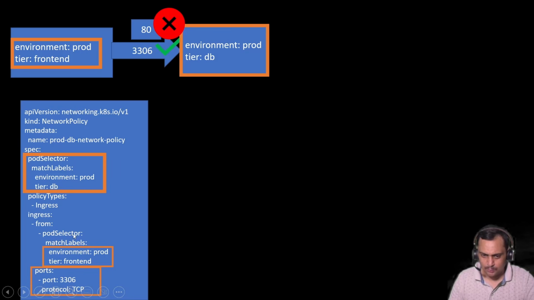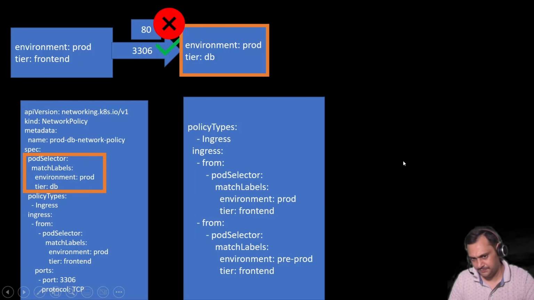Here we have mentioned pod selector, it matches environment equal to prod and tier equal to frontend. These labels it will match here. And now we have again mentioned port 3306 and protocol is TCP. It will accept only port number 3306 and it will decline all other ports, not only 80 but all other ports.